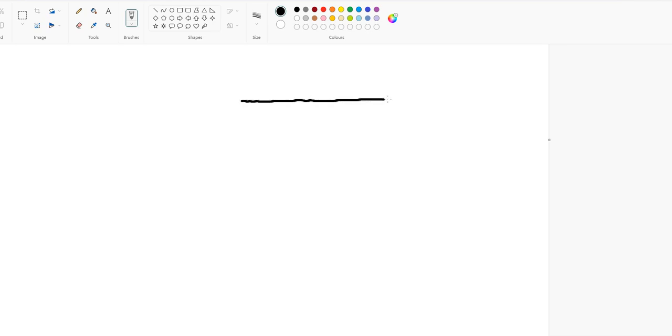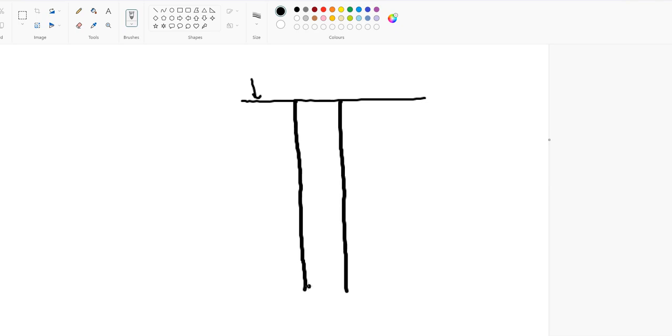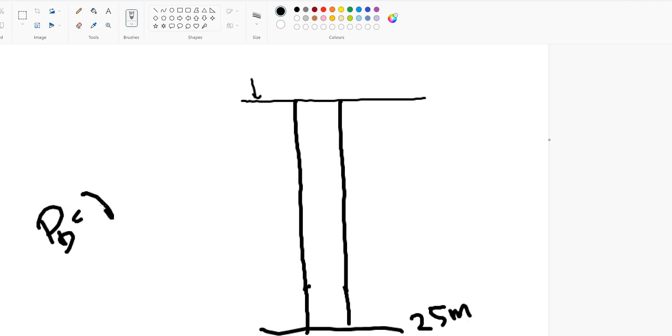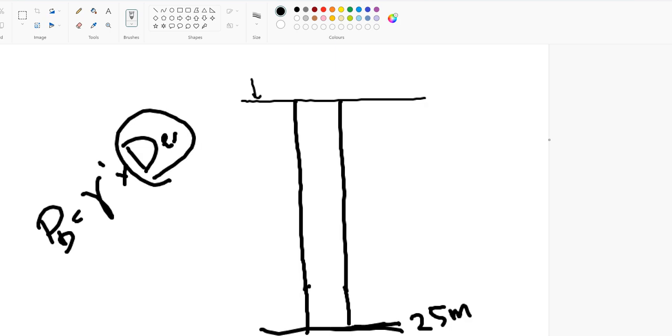So we have this soil top, and then we have the pile. So the pile can go up to say 25 meters, right? It can go up to 25 meters. So when evaluating PD, which is equal to gamma dash into depth of embedment, we'll say DE. At this depth, say 25 meters, what will be your DE, the depth of embedment?